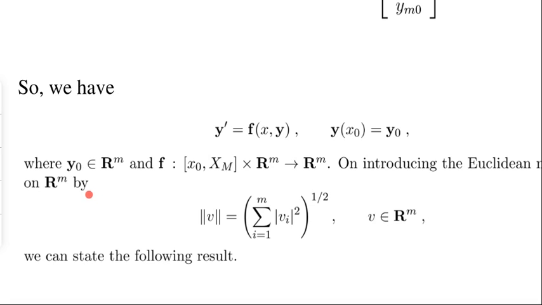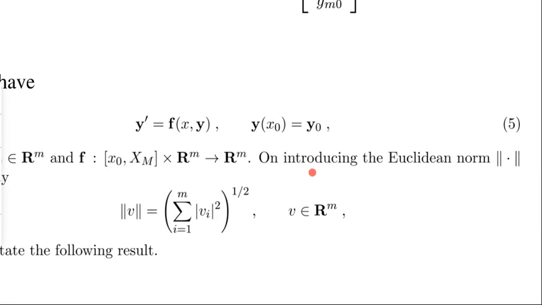Here y naught is in Rm, Euclidean space of order m. F will be a function from the domain x0 to xm for variable x, and Rm for dependent variable y, to Rm. Rm will be m-order Euclidean space.